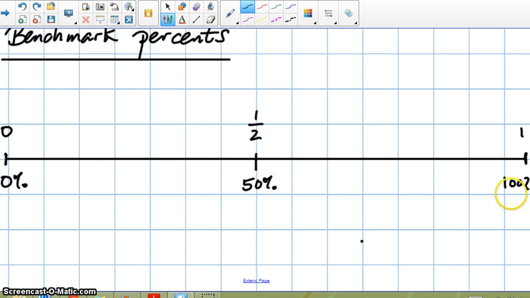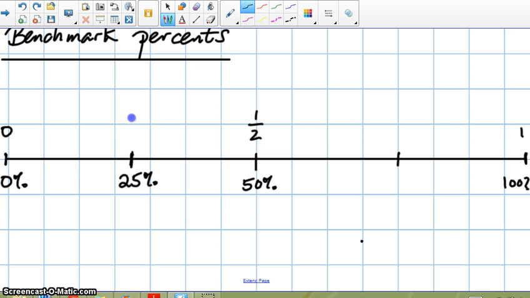Okay, let's further subdivide these halves here. My halfway point is about here, and my other halfway point is about here, approximately. Halfway between 0% and 50%, we have 25%. In your head, think about what the equivalent fraction would be in lowest terms.